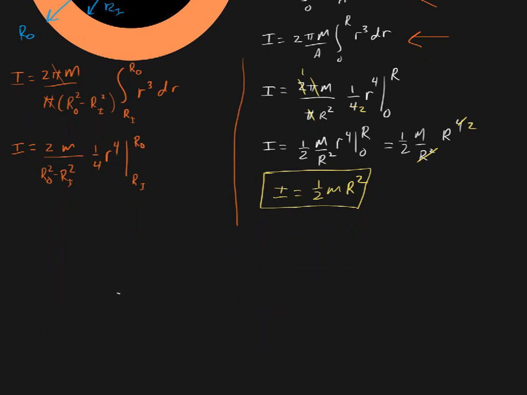So what we end up with is I is equal to, remember that this 2 and this 4 reduce down to 1/2, so we get 1/2 times m over r outer squared minus r inner squared, and then this r to the fourth becomes r outer to the fourth minus r inner to the fourth.